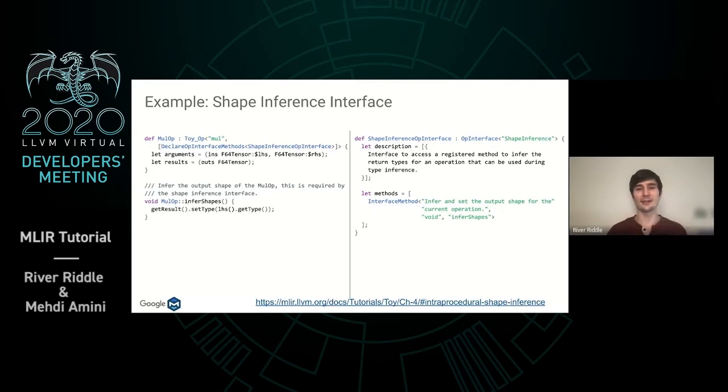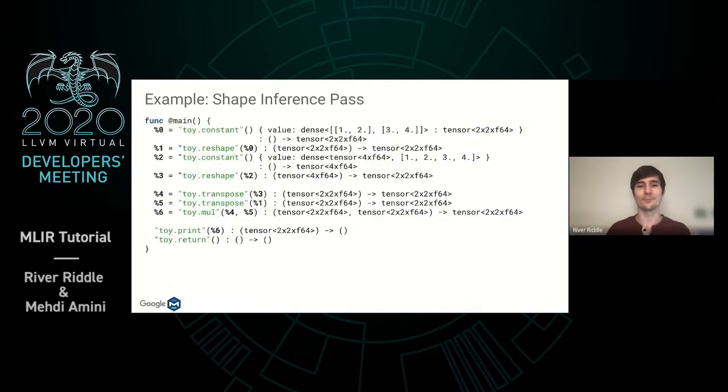In the inlining example or in shape inference, even if we don't expose this pass to other dialects, it's also simplified our own implementation because our implementation of the transformation only had to care about the raw traversal aspects. The actual minutia of doing the inference is the responsibility of the specific ops themselves. So if we look at our previous example, after running our shape inference, all of the casts have gone away and we all have static shapes.